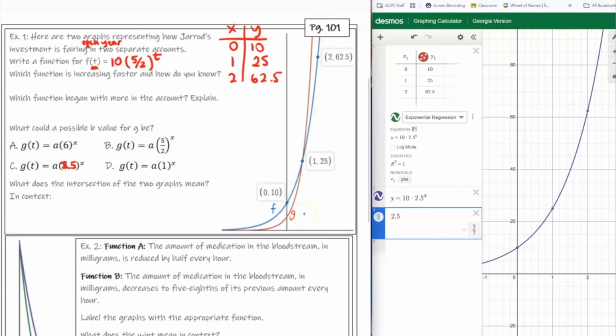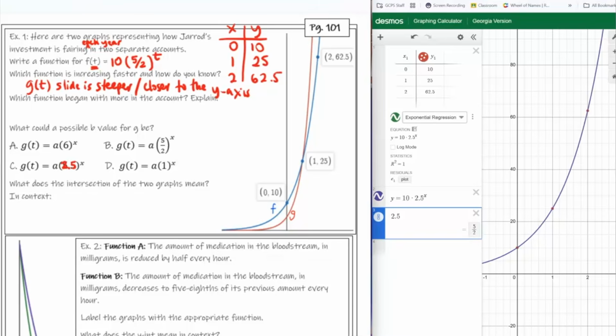I'm going to label it g of t just because there's a t on the f. How do I know? You can put either one of those reasons: the slope is steeper, or you can say closer to the y-axis. I'll take either one of those reasons.